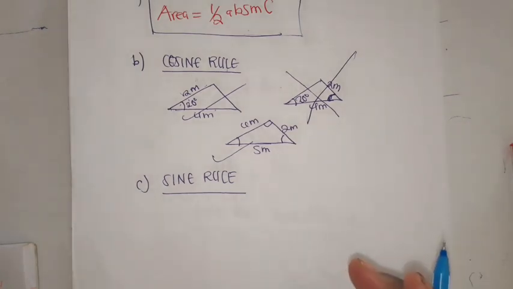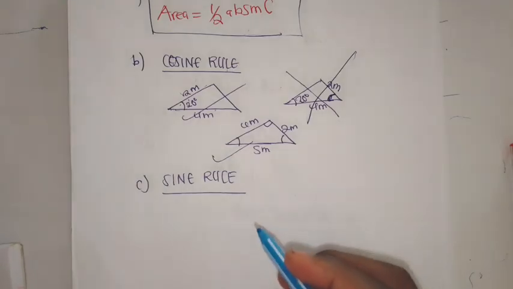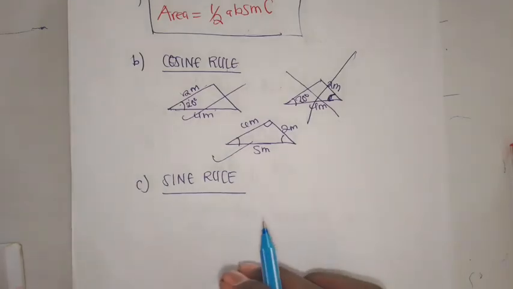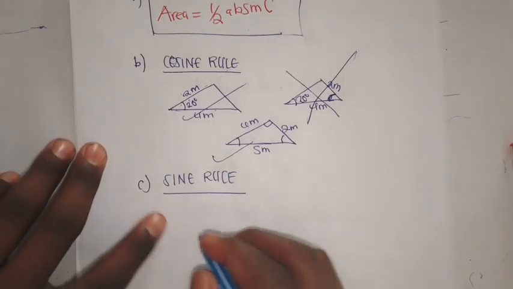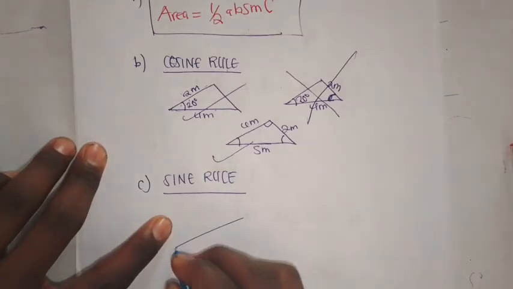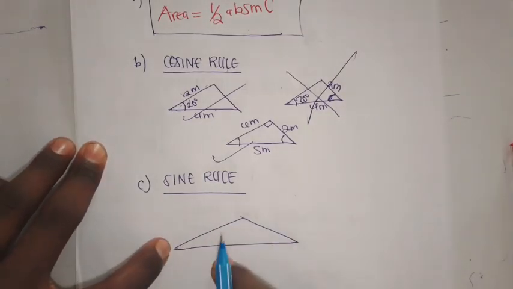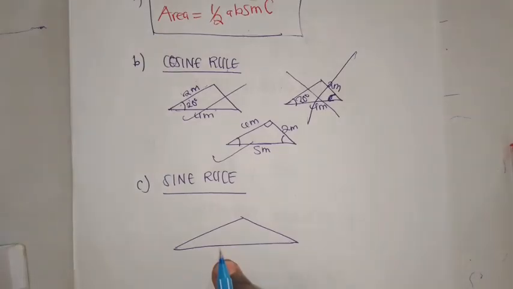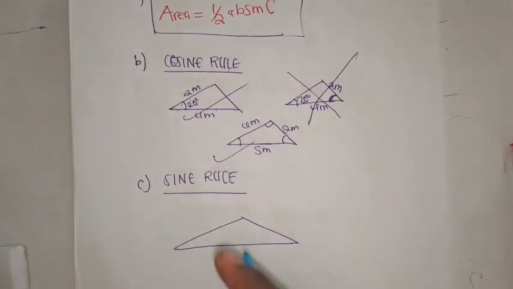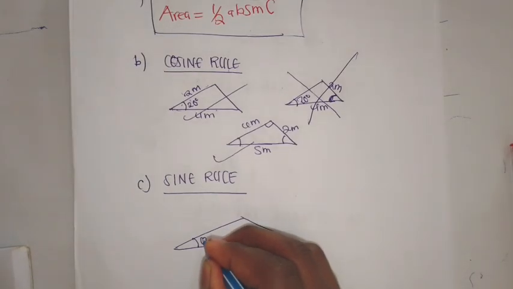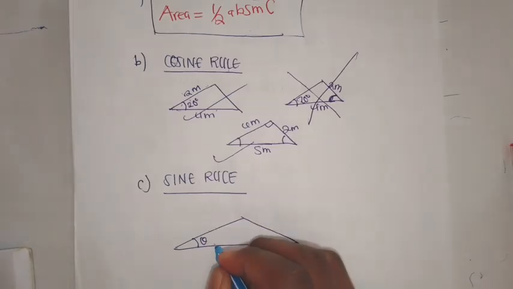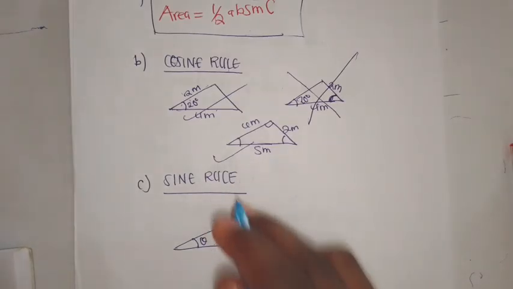Okay, so let's say you have a triangle. Let's say you have this angle between this and this, so you can use sine rule to find this angle.